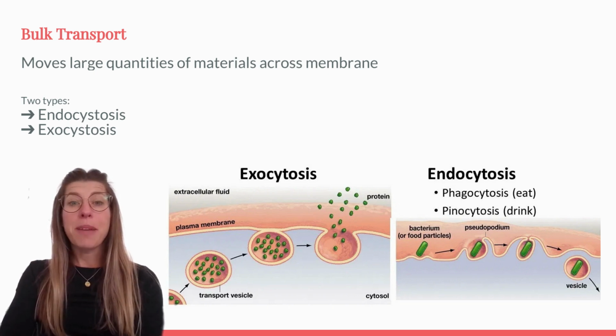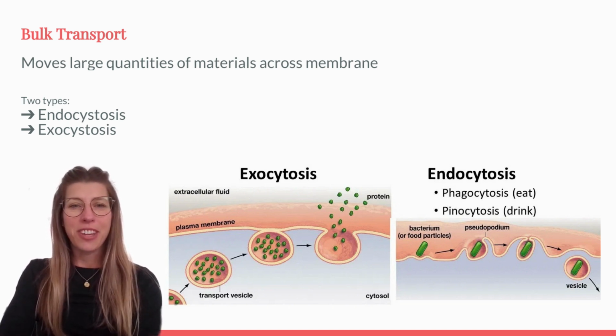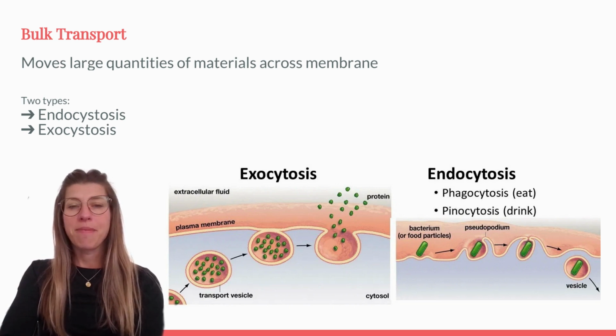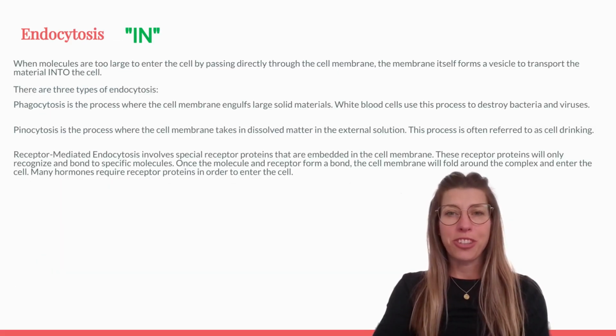So there's 2 ways that the cell does this, through endocytosis, which is the way that cells bring in these larger materials into the cell through the cell membrane, as well as exocytosis, releasing large materials and moving it out of the cell. So endocytosis, cyto meaning cell, endo meaning in. Okay, so it's bringing things into the cell.